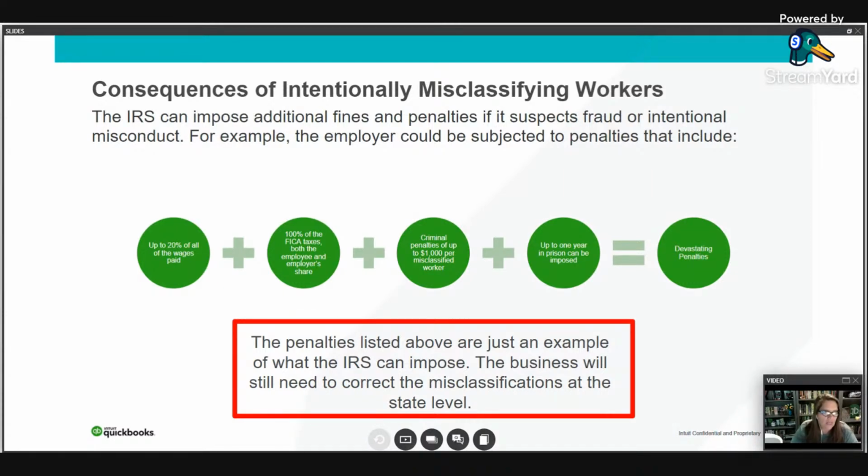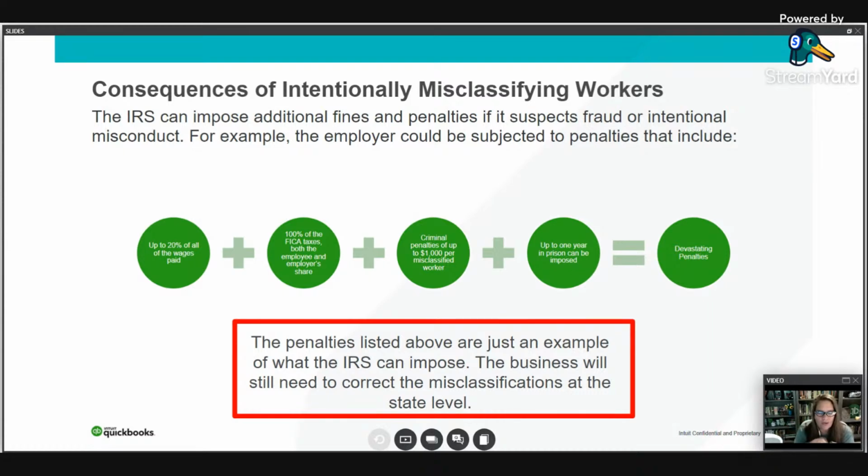Some of the other things that are going to happen, if it's found to be fraudulent versus just, oops, I didn't know: if the IRS suspects fraud or intentional misconduct, it can impose additional fines and penalties.